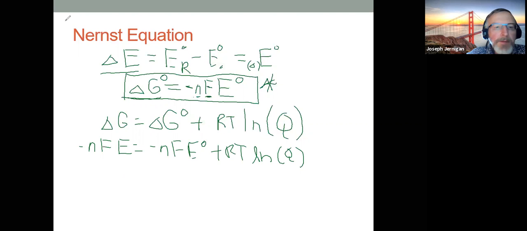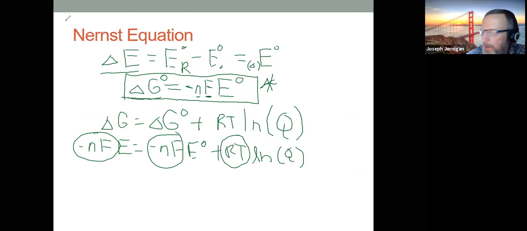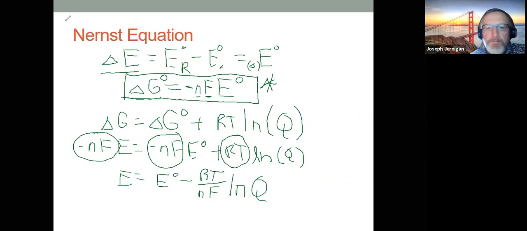And by dividing both sides, everywhere, I'm going to divide by minus NF. So if you think about it, that's going to leave E equal to E0, and that plus is going to go to a minus RT over NF ln Q. All right.